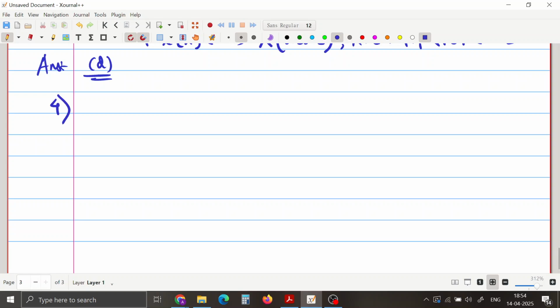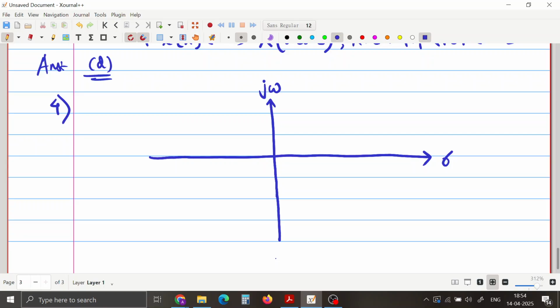So this is question number 4. First let me redraw the figure. So sigma is the real part, j omega is the imaginary axis, and somewhere here we have the unit circle.